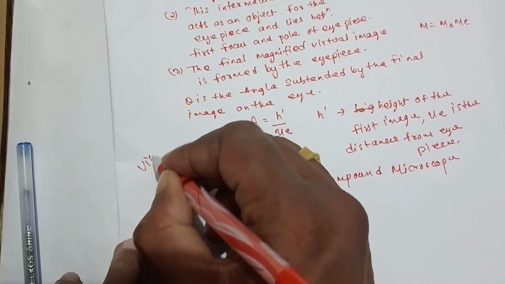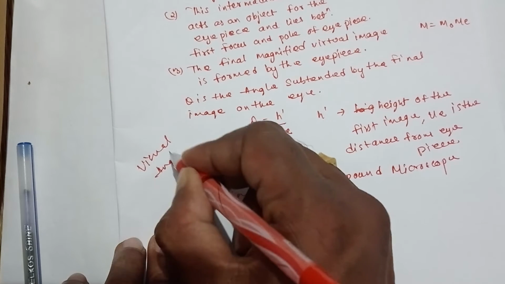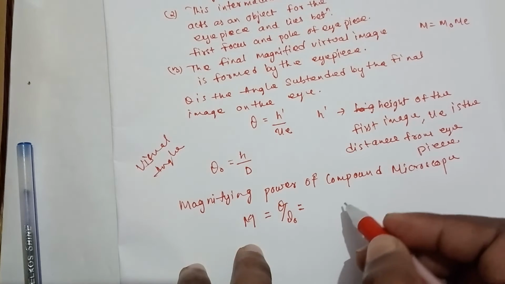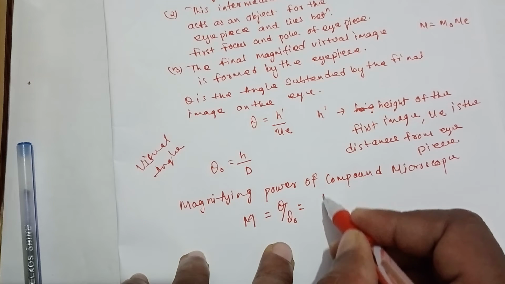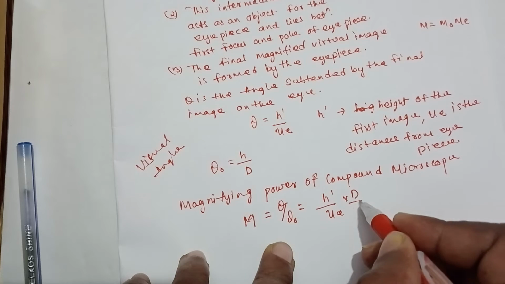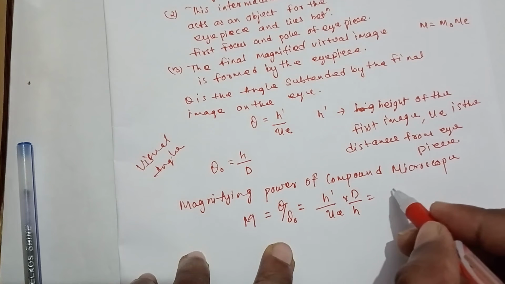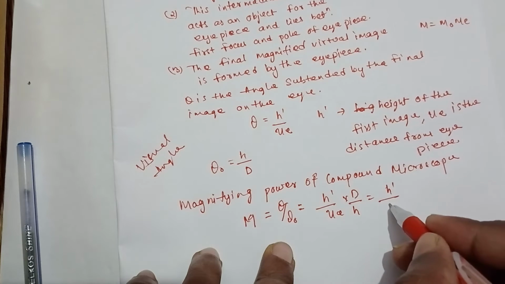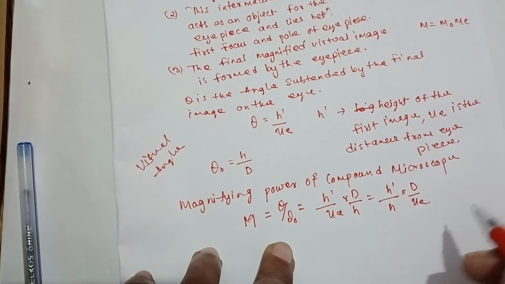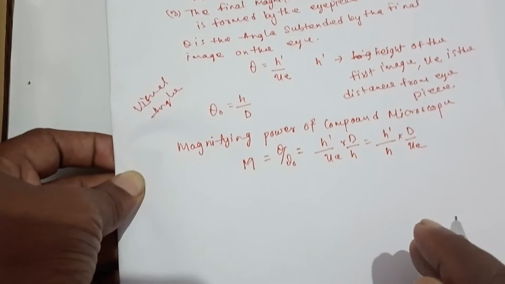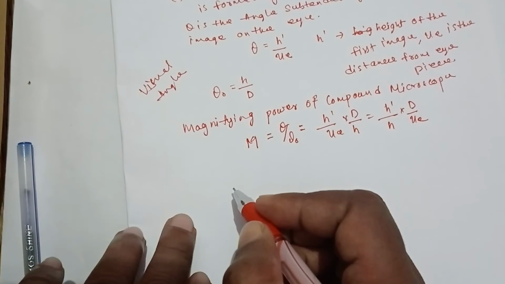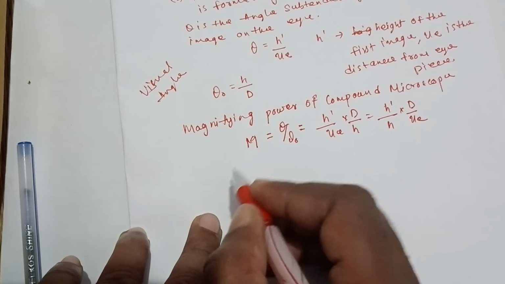And that is h dash by Ue into D by h, which gives the product h dash by h into D by Ue. So M is equal to h dash by h into D by Ue. We have got the result for the magnifying power of a compound microscope.